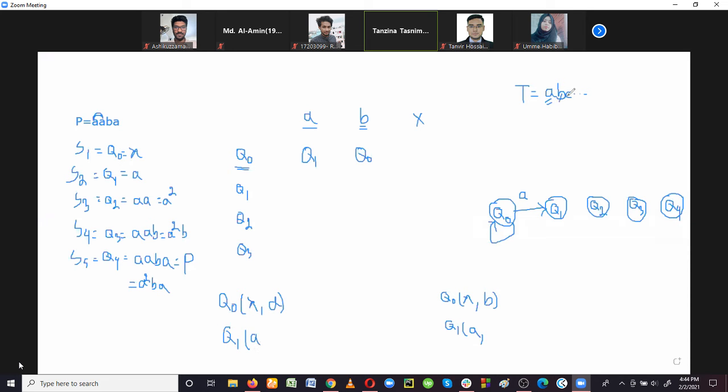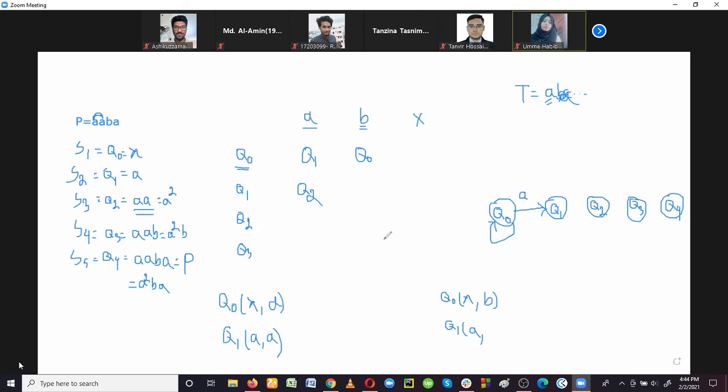Suppose the next character is also A. What will happen? It moves toward Q2, because the value of Q2 is AA. Now there are two characters A, and we have one state with two A's, that is Q2. So Q1 will move forward to its next state, Q2.